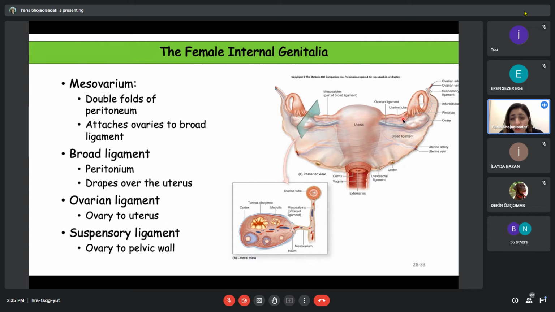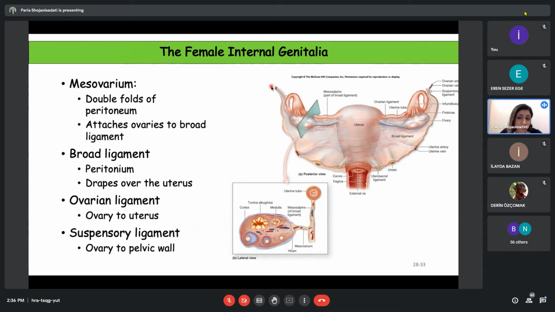We have the ovarian ligaments, both ovarian ligaments on opposite sides. One of them is named the proper ovarian ligament, or ovarian ligament, and the other is the suspensory ligament of the ovarium.